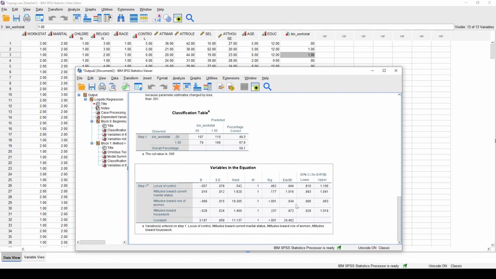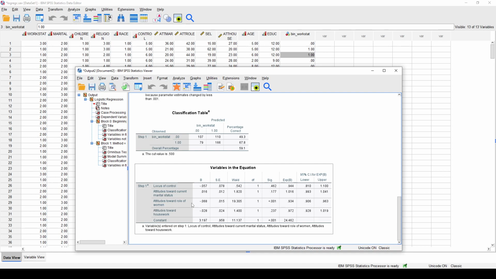So, from that perspective, what does this practically mean in the context of the problem? Locus of control practically doesn't seem to be related to the probability of being working versus being a housewife. Attitudes toward the marital status doesn't seem to be related, which is kind of an interesting finding. I would have thought maybe this was related, but I guess not. Attitudes towards housework isn't related. Again, also kind of an interesting finding.